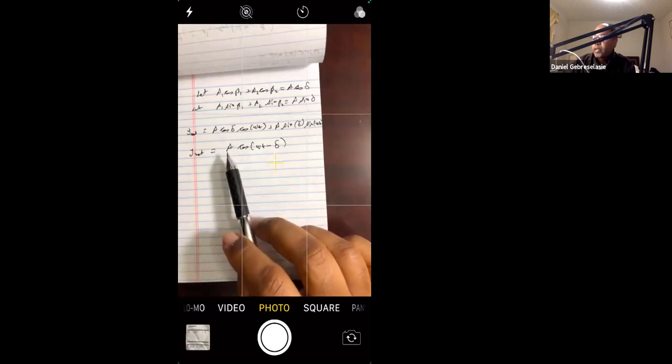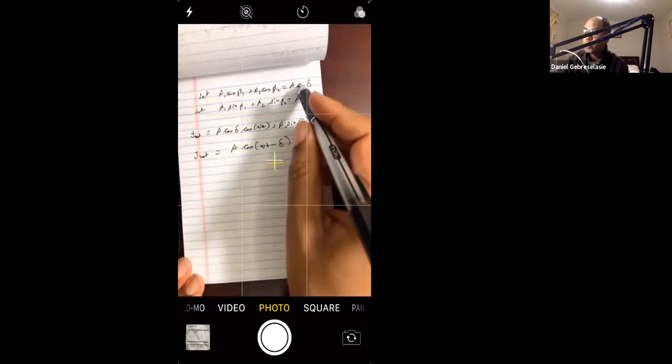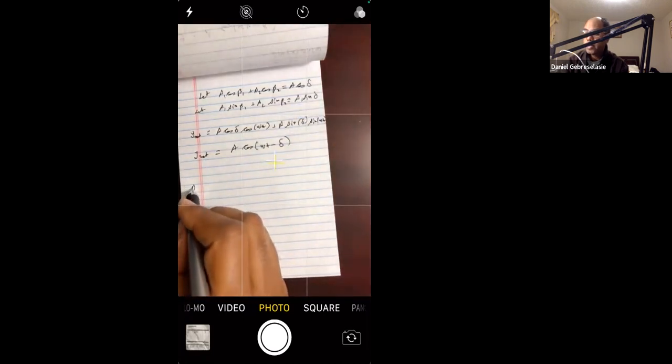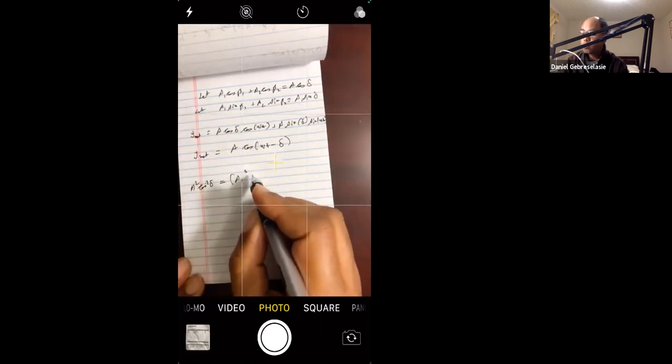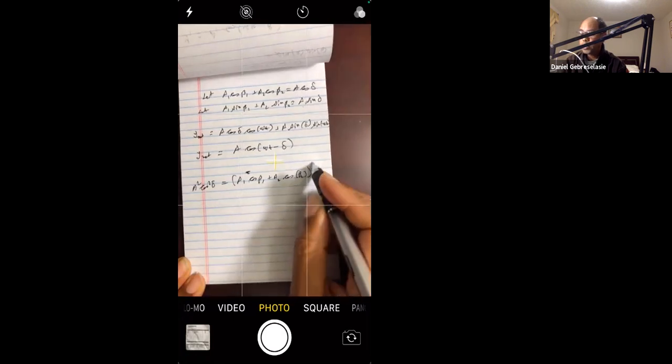Now what we have to do is relate A with these values over here, and the phase angle also with these values over here, okay? So we're going to go back over here to relate them. I'm going to square both sides, all right? So I've got A squared cosine squared delta, and then the square of this one: a1 cosine of beta 1 plus a2 cosine of beta 2, squared, okay?